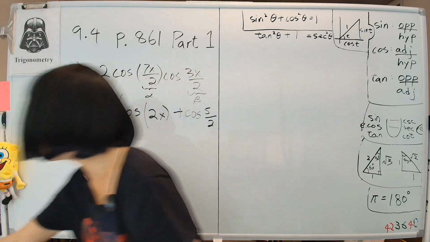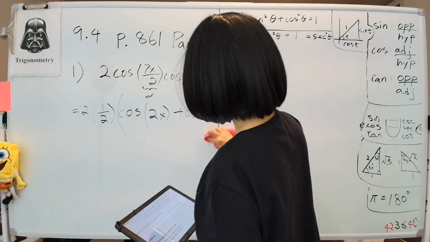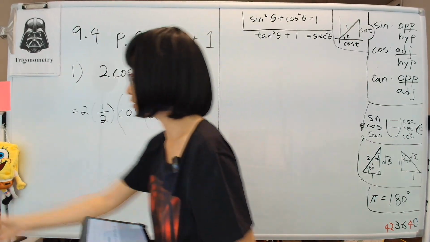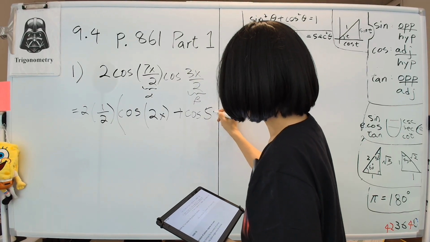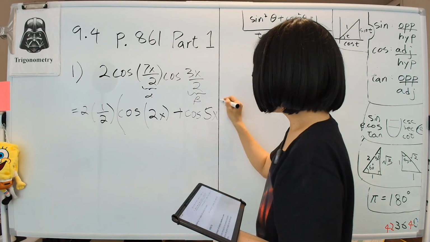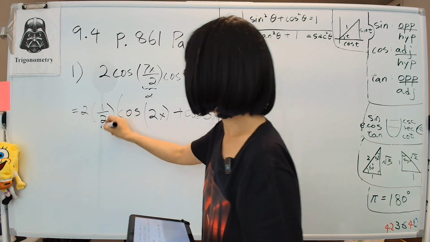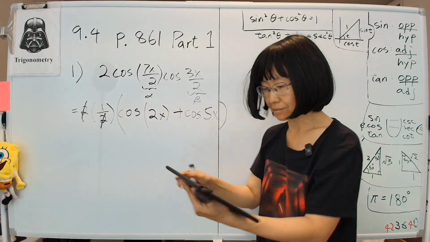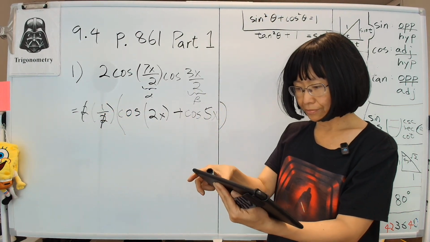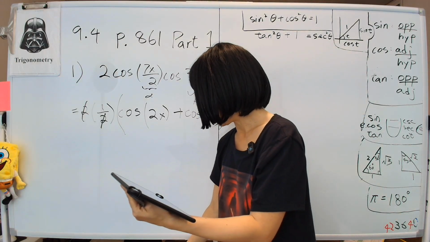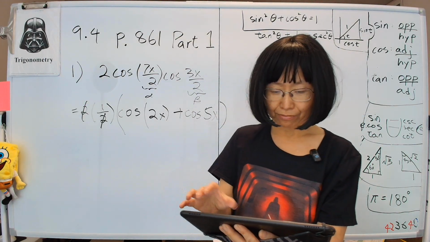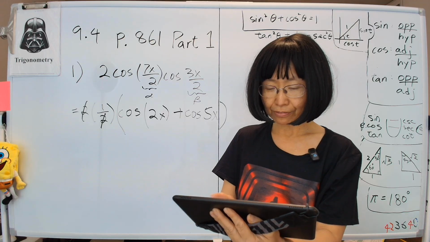And there's no over 2 either, just 5x, right? Because it's 10x over 2. So it's 5x. So let's write this properly. So 5x. And then the 2's cancel out, and that's the answer. So the answer should be cosine 2x plus cosine 5x, and that is correct. So then we are done with the first example.